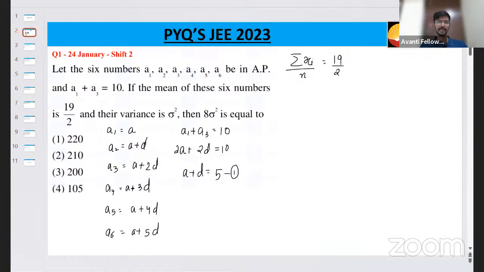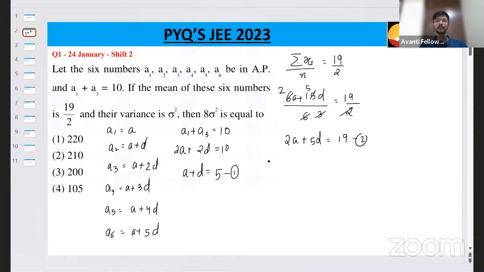Summation xi, if we add all this, we'll get 6a plus 9, 10, 11, 12, 13, 14, 15d, upon what is n? 6, is equals to 19 by 2. We can cancel out 3 as well. 3 twos are 6, 3 fives are 15. So we got 2a plus 5d is equals to 19.